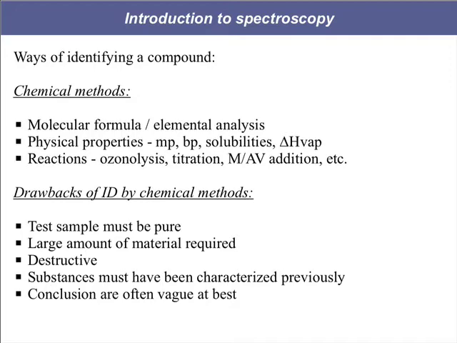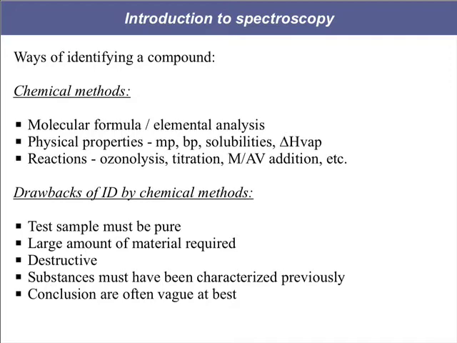Another part of this is that a large amount of material is required for these things. These are destructive methods. Usually, like in ozonolysis, you take your molecule and you ozonolize it, and you look at what the products are, and then based on the products, you kind of put Humpty back together again and figure out what your starting materials must have been. So in that case, you're destroying what your molecule was in the first place.